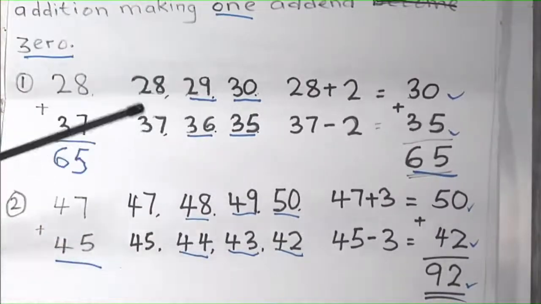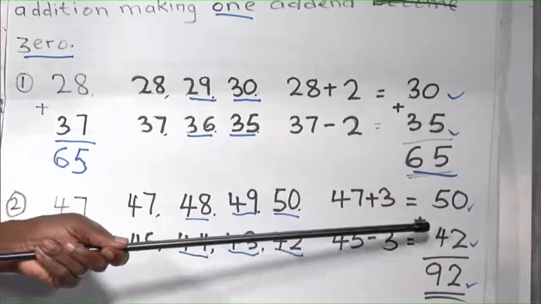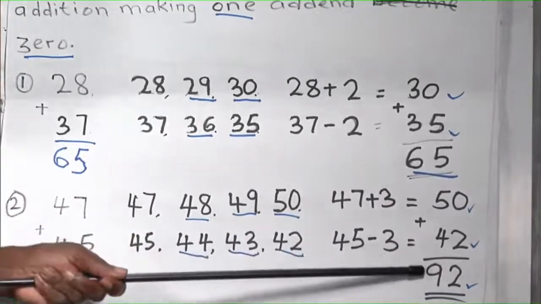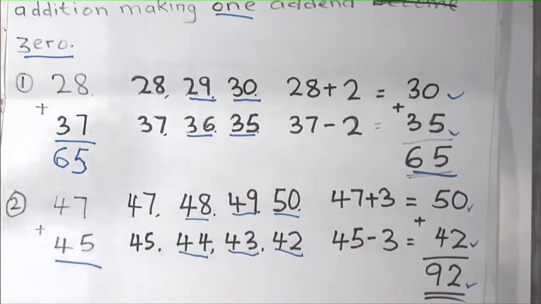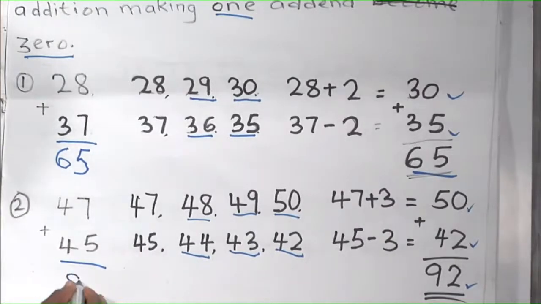So our problem, 50 plus 42, becomes 92, which is the same as 47 plus 45. So 47 plus 45 will give the same answer, 92, as 50 plus 42. So we write here 92.